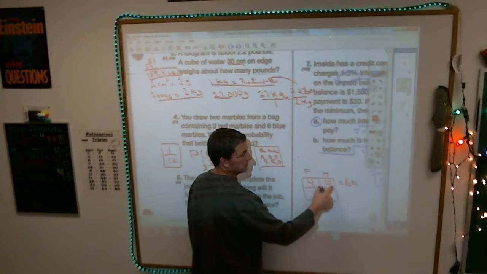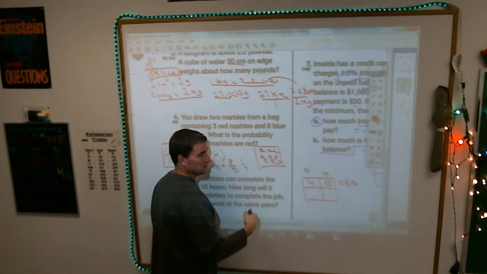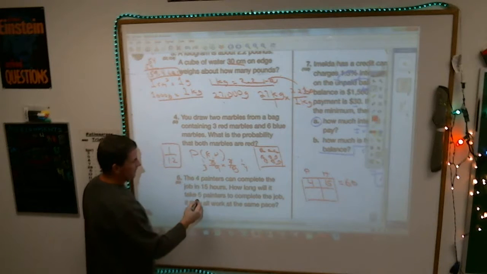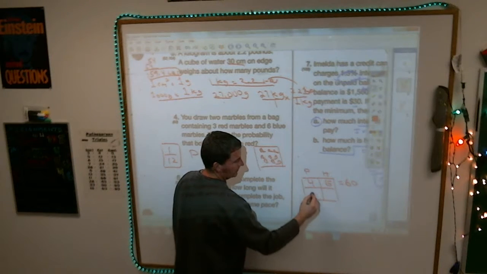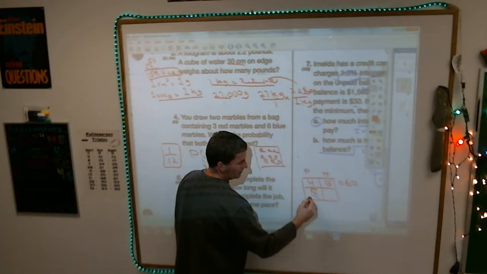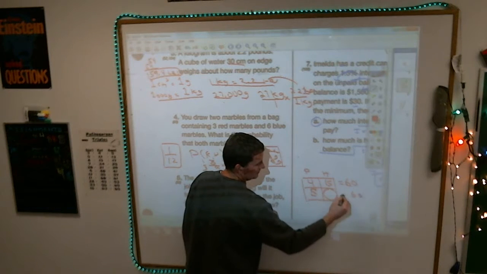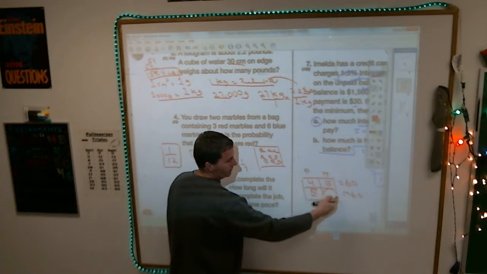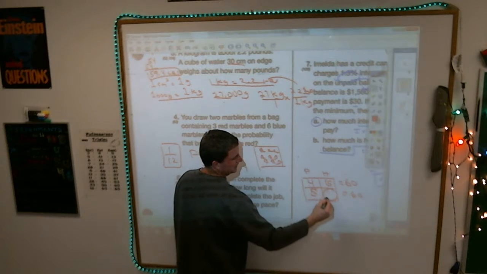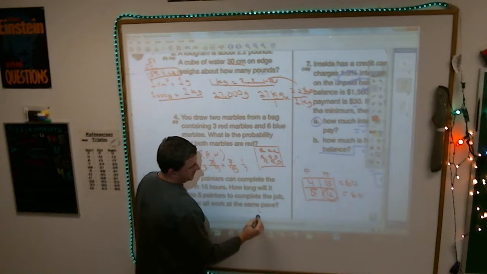That's how many total hours it took them. No matter how many painters it is, it's going to take 60 total hours. 5 painters would take how many hours to give you 60? 5 times what number would give you that same 60? And that is 12 hours.